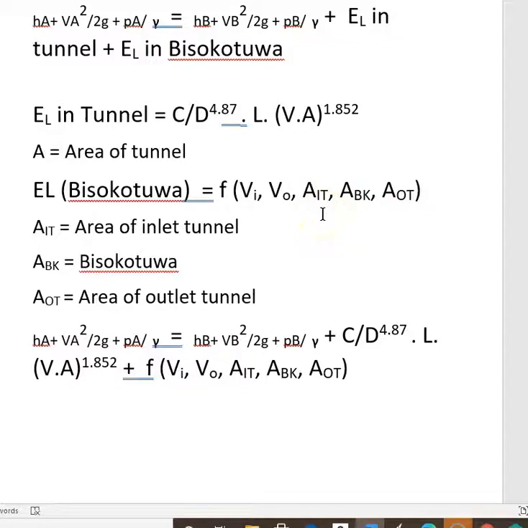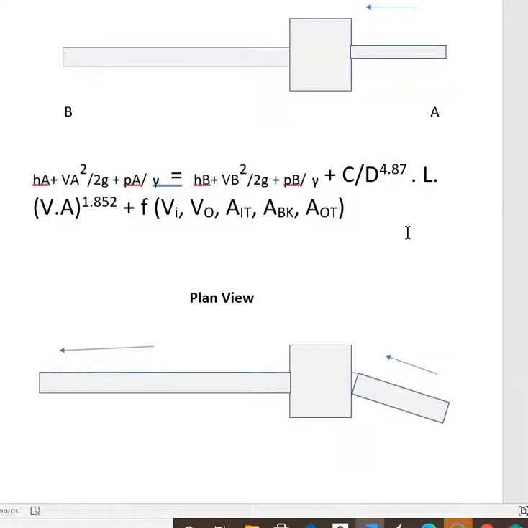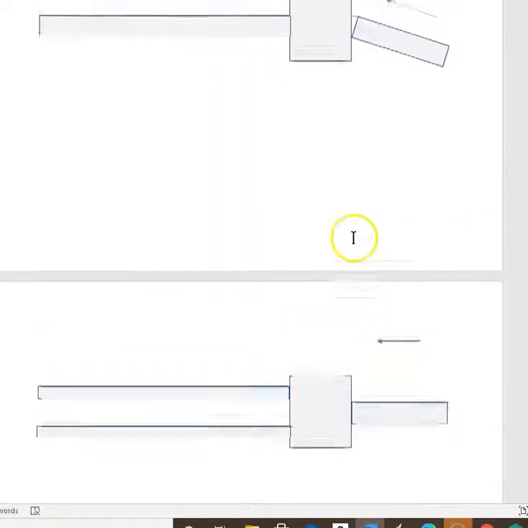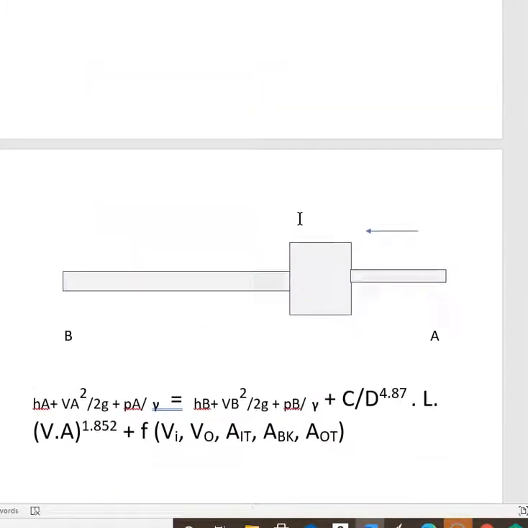What they found in one paper is that the energy loss in the Bisokotuwa is very high due to turbulence. So that way you could control the flow, and for different configurations, you could have slightly different equations. So this is basically how we are going to calculate the velocity of the flow.